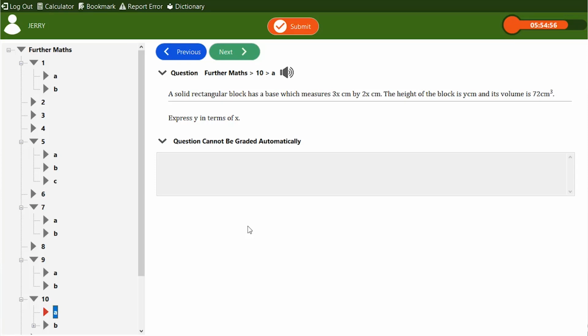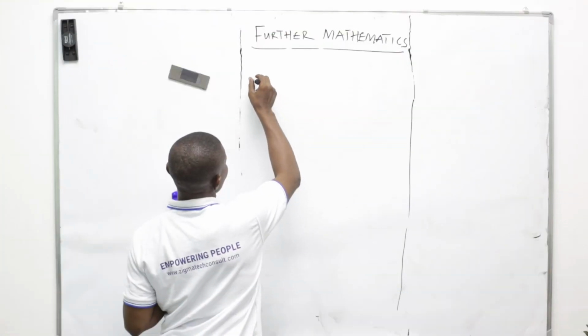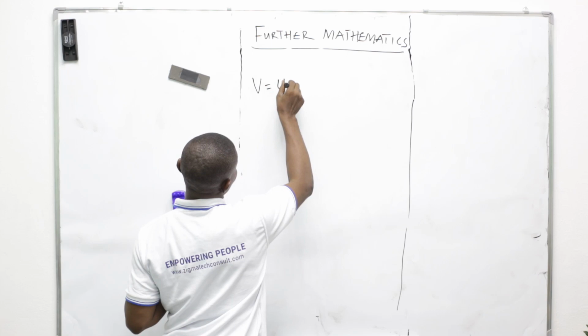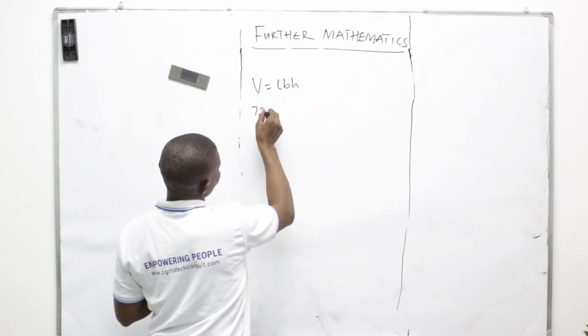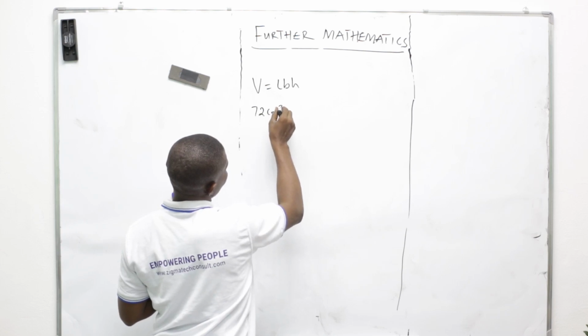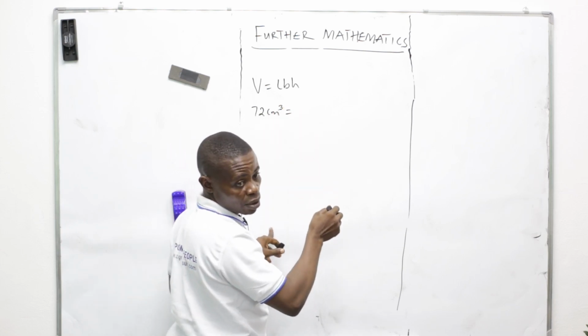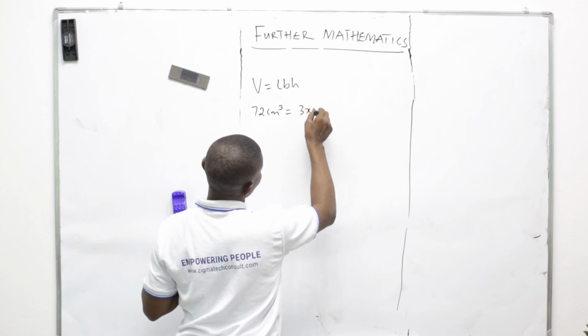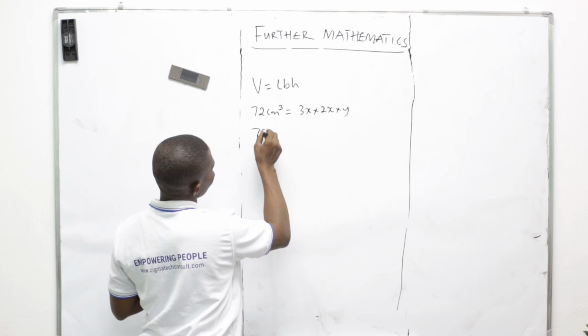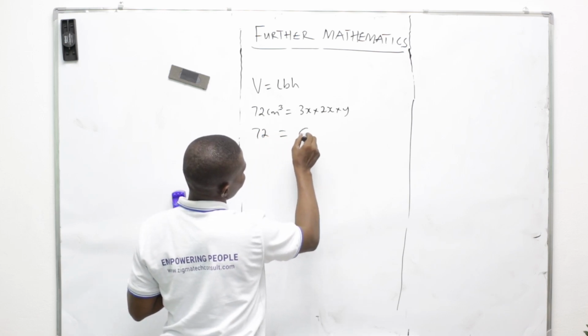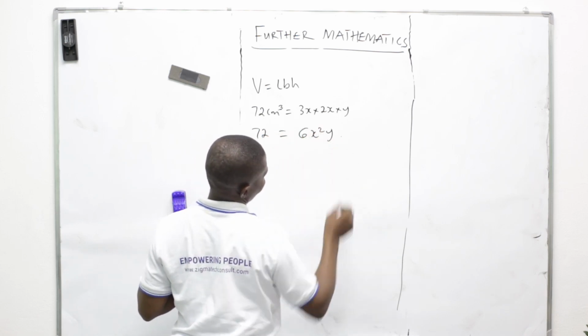Okay, that's making y subject of the formula, but think of the volume first. Volume V equals L times B times H. That is 72 cm cubed equals 3s times 2s times y. 72 equals 6s squared y.